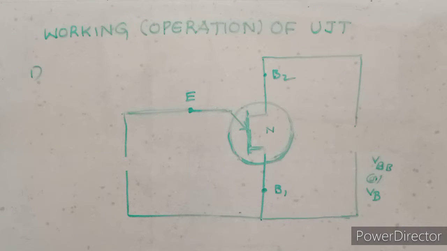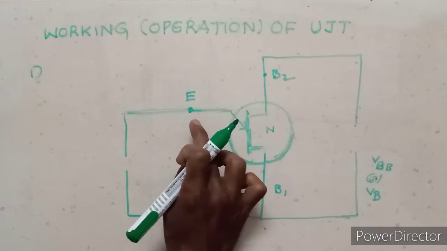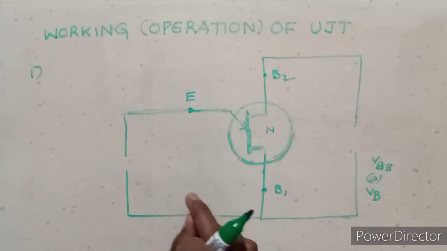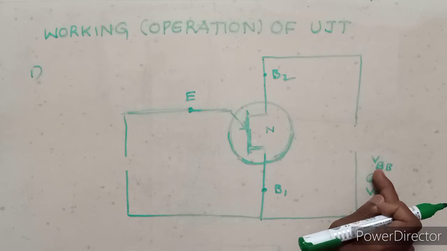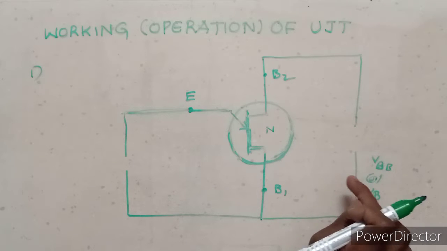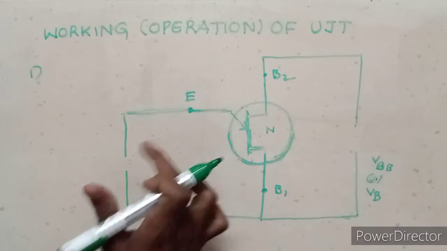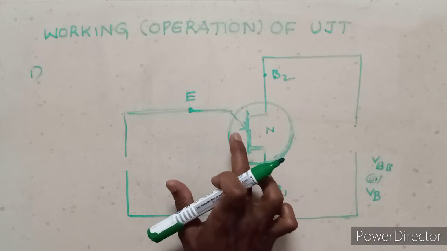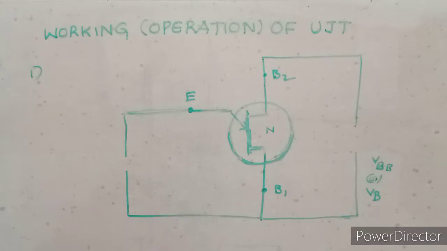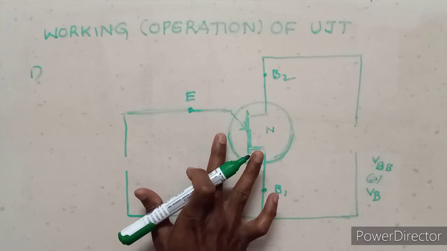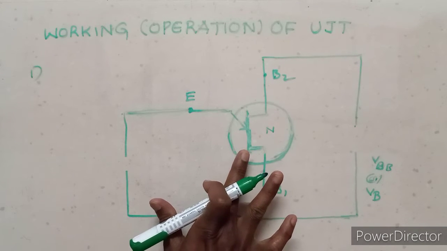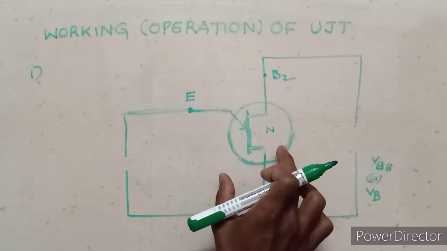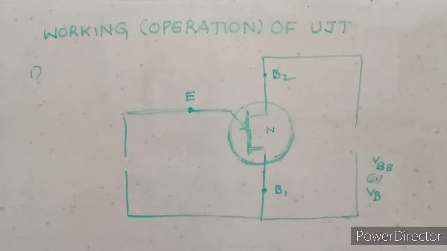As you understand, when the base voltage is applied between B1 and B2 with the emitter open, the voltage drop is established in the N type bar.